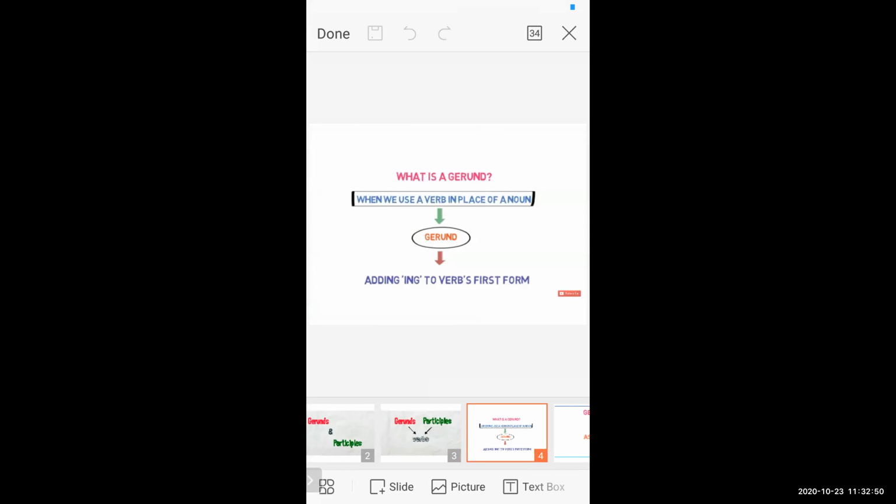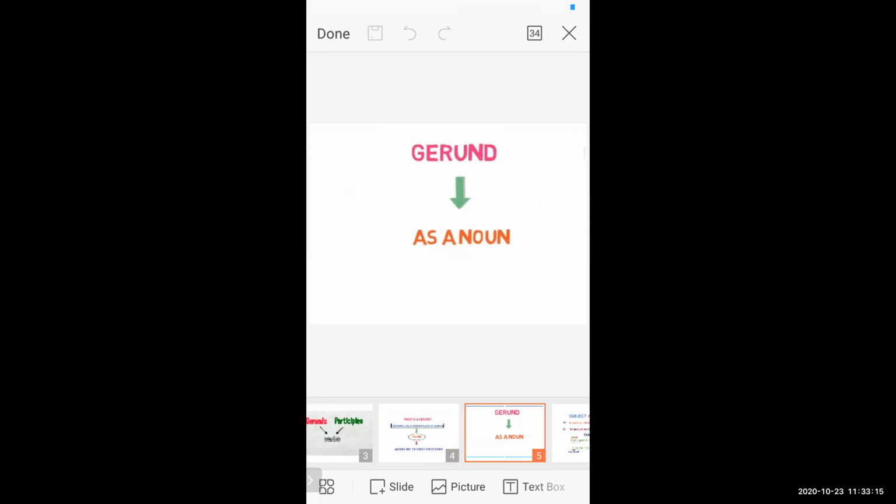A gerund is used in the place of a verb, where you can find a verb, but the verb acts as a noun. It is the verb in its first form adding ing. If you find a verb word in the first form with ing, but the verb acts like a noun in a particular sentence, that is a gerund.